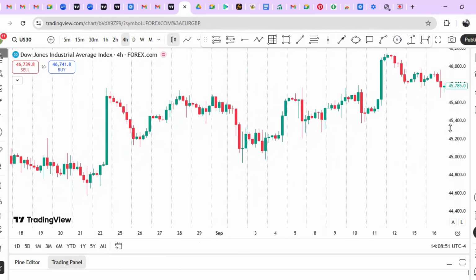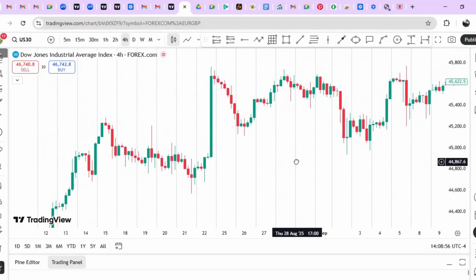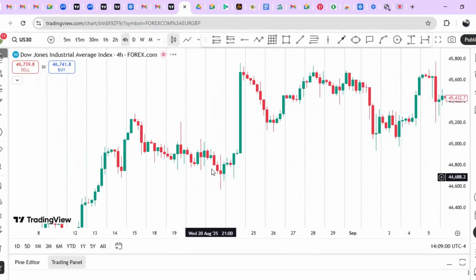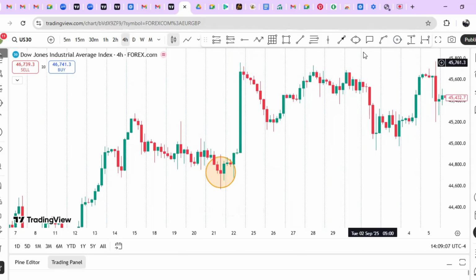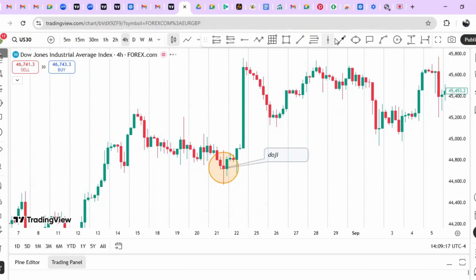The trend has been bearish for a while. We had the consolidation phase here. This doji formed here. And what happened next? You can see this nice push to the upside.